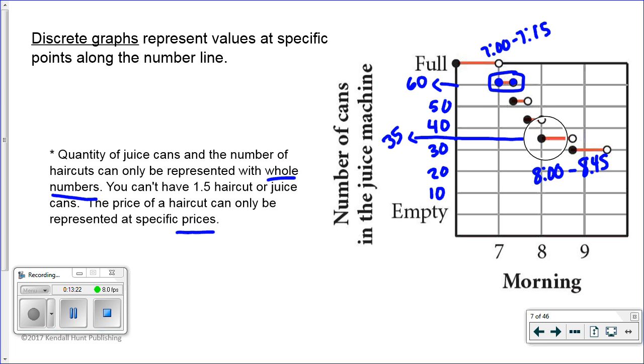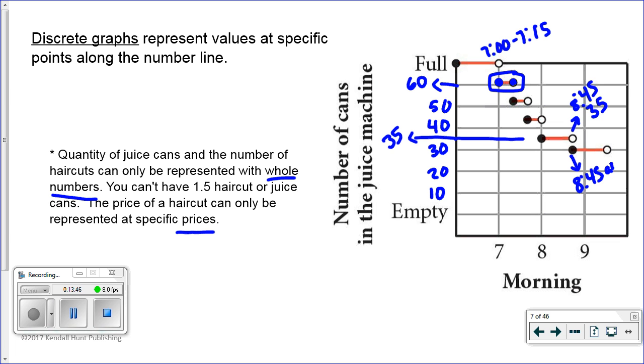So last thing about this, when I jump from, so right here, at 8:45 a.m., there are 35 cans. When I go down to that next value, so this again is at 8:45 a.m., right?